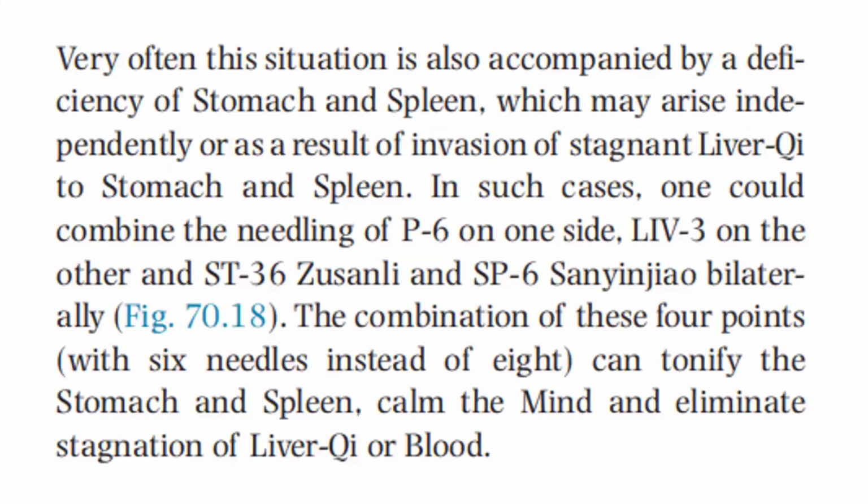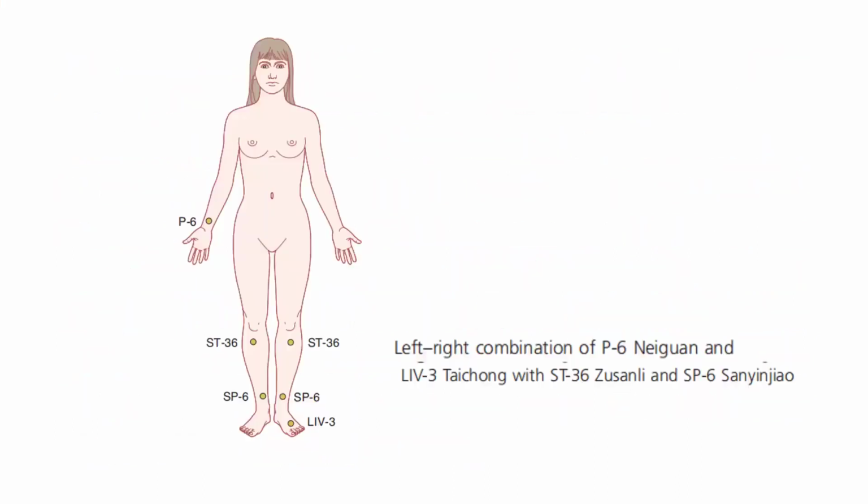The combination of these 4 points with 6 needles instead of 8 can tonify the stomach and spleen, calm the mind, and eliminate stagnation of liver qi or blood. So we have here the illustration, the left-right combination of pericardium 6 and liver 3 with stomach 36 and spleen 6.